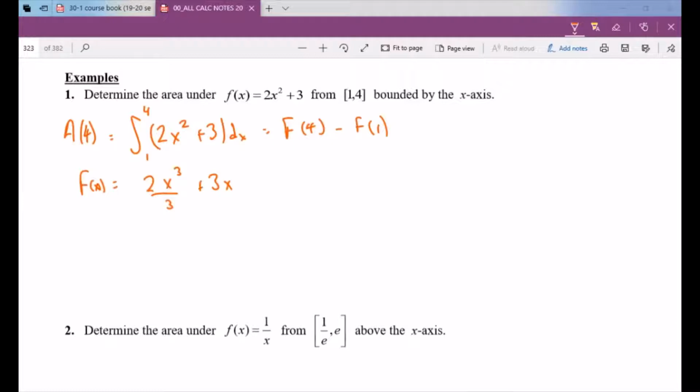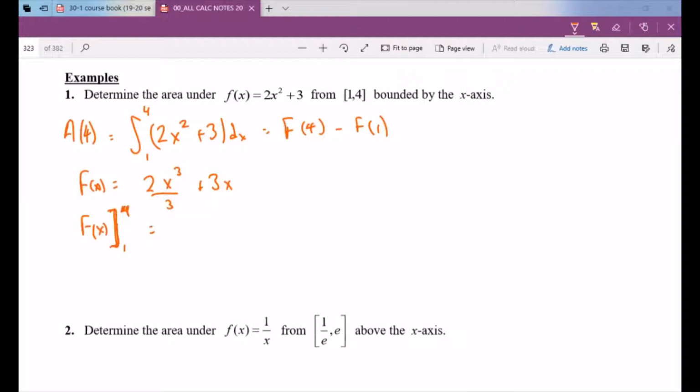So therefore, we could put our limits like this. We can write it as a square bracket, our lower bound 1 at the bottom, our upper bound of 4 at the top.